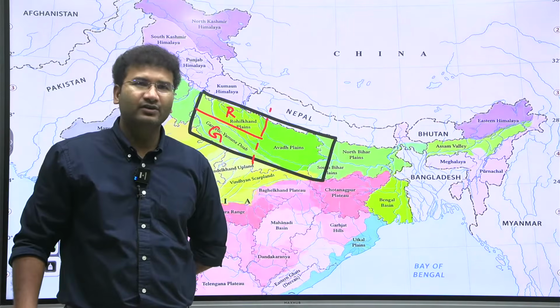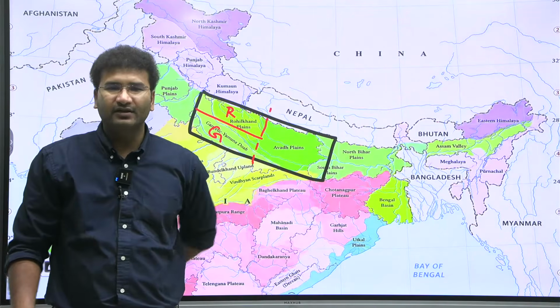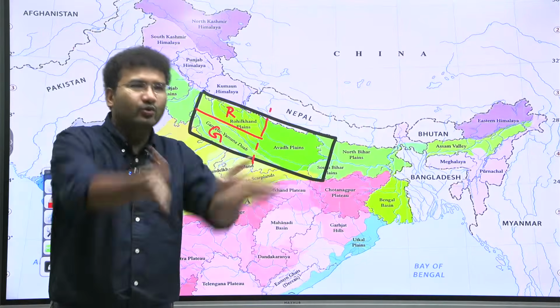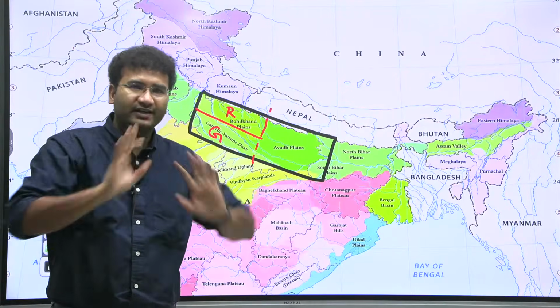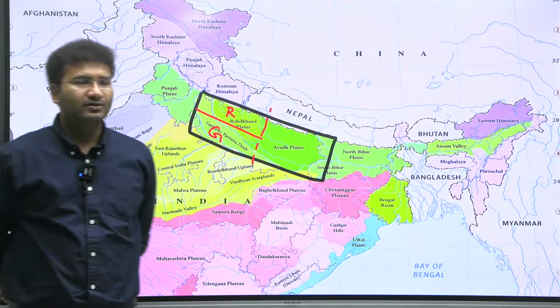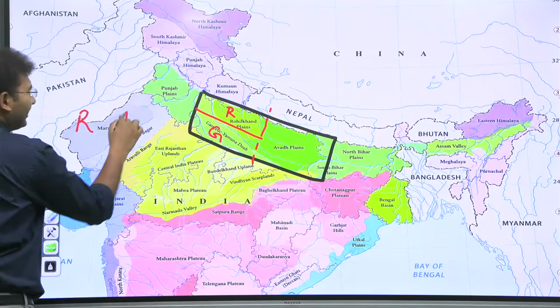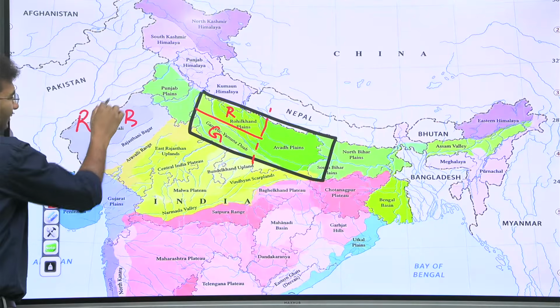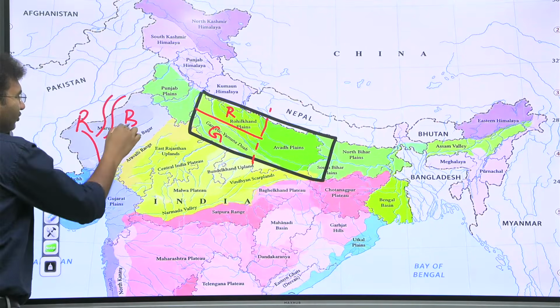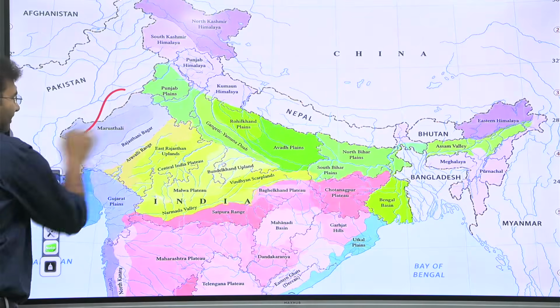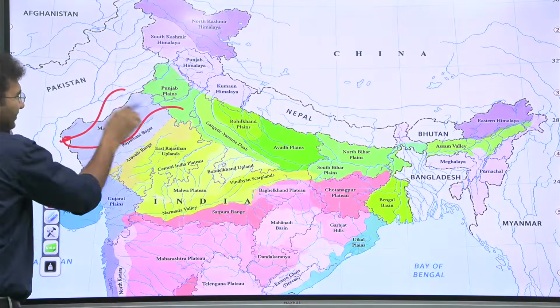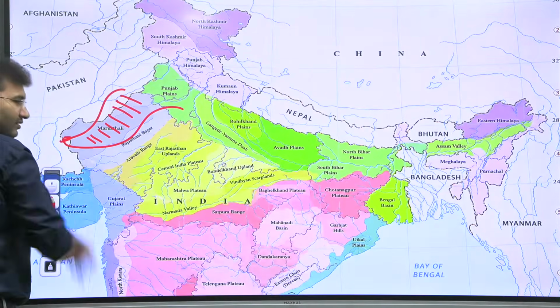Doab is the area between two rivers. The area between Ravi and Beas is called a Doab.